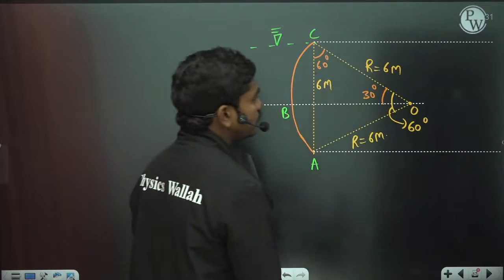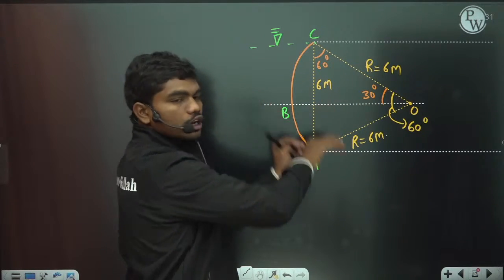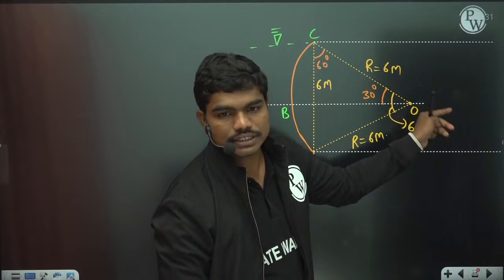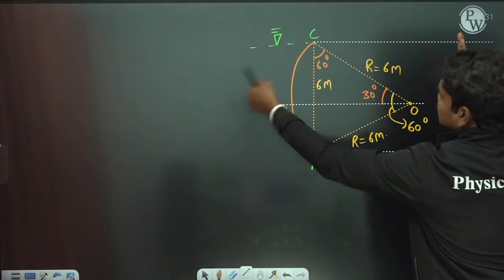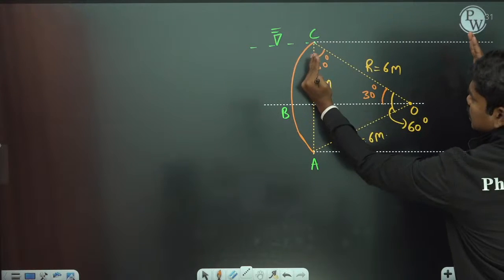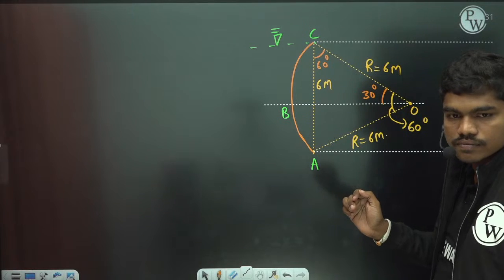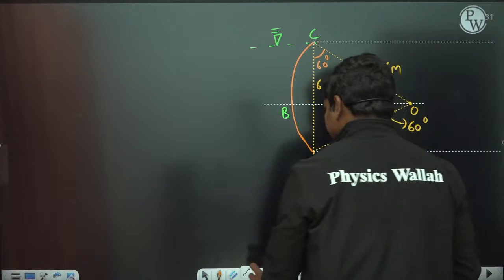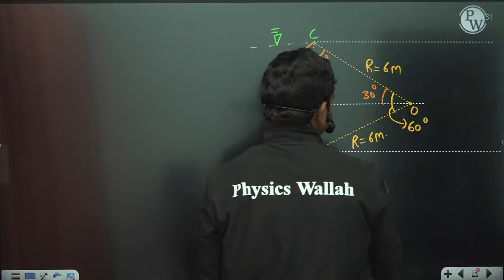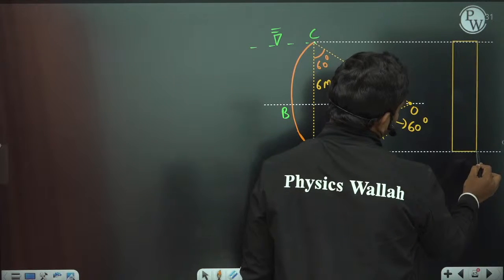If you see the projection of this circular gate on a perpendicular plane, it is a rectangle, correct? So the projection is actually a rectangle.